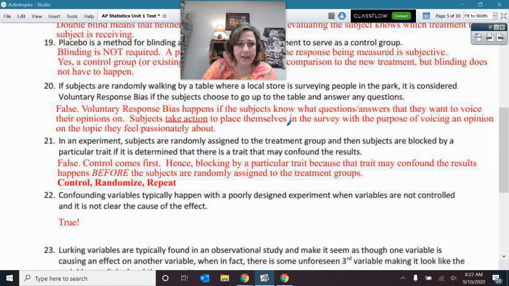All right, number 20. Okay, so this one's a tricky one. So this is false. And the reason that this one is false is because in this descriptor, the subjects are just walking by a table and then they go, oh, okay, I'll answer your questions.